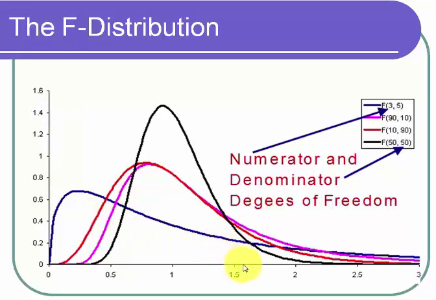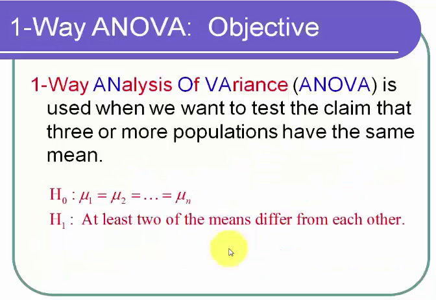Once we've decided what the value is for that F, we could talk about the area to the right of that value, and that will be the p-value. We've understood all these things before, so hopefully you still understand this today. The same idea. Now let's use the F distribution by talking about one-way ANOVA.